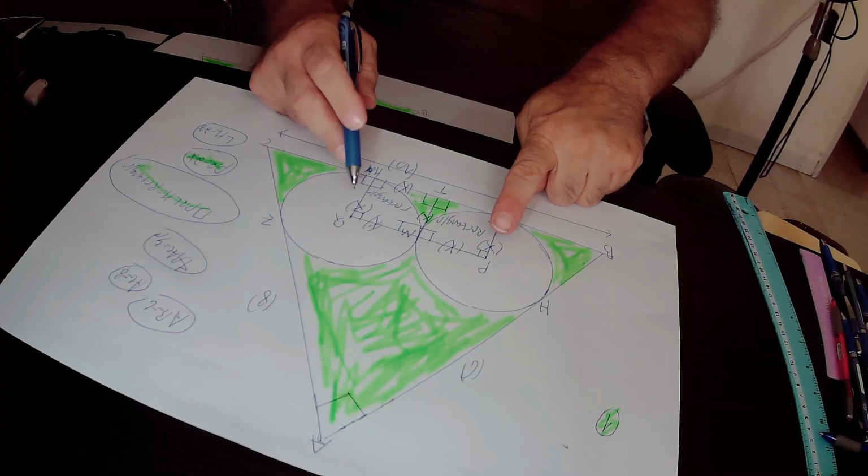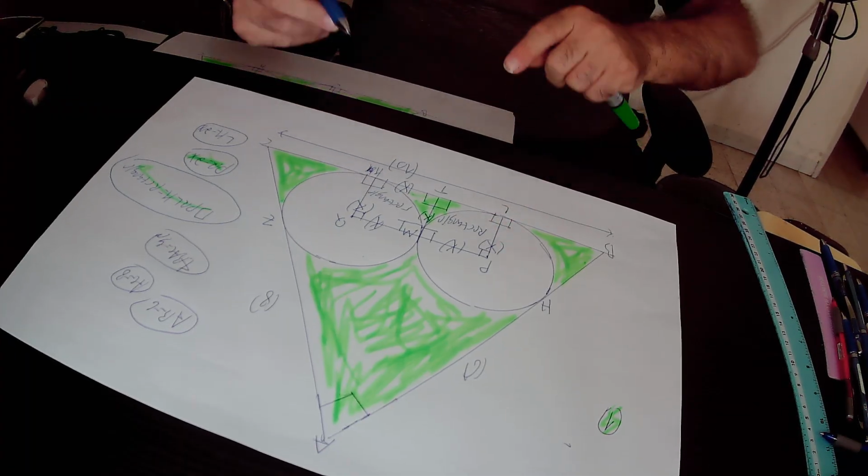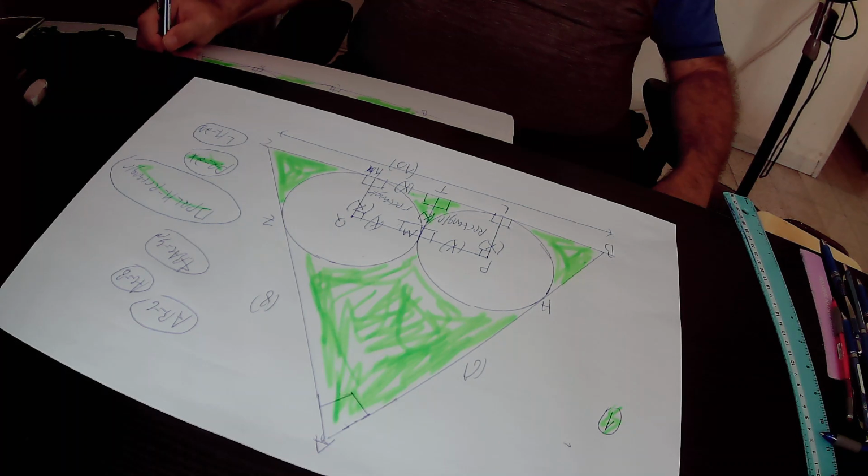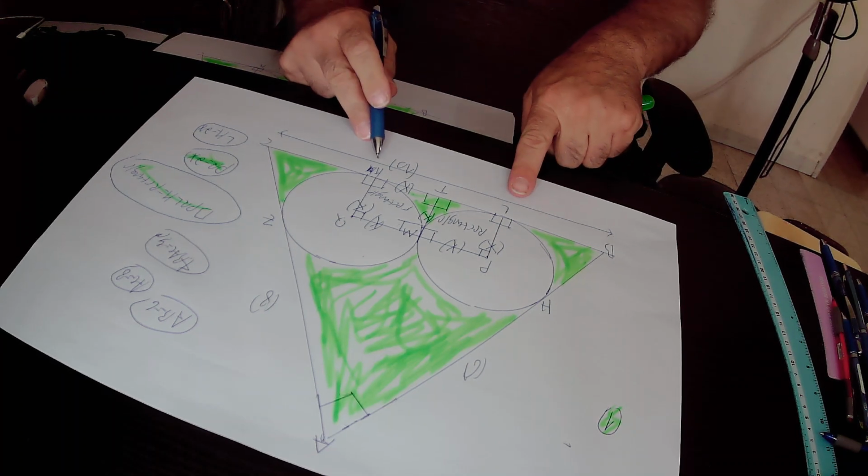Again PQ equals 2x units in length. Likewise, LK also equals 2x units in length.